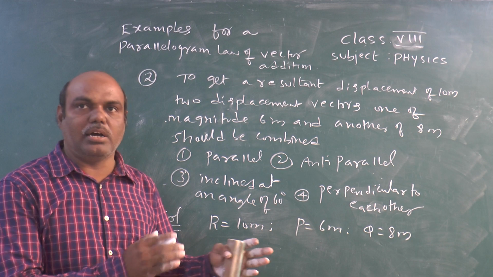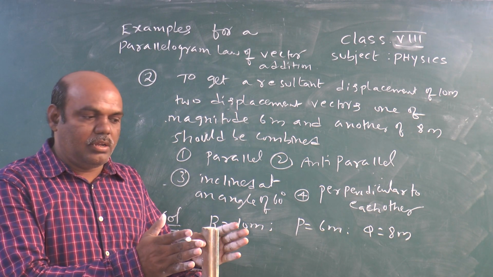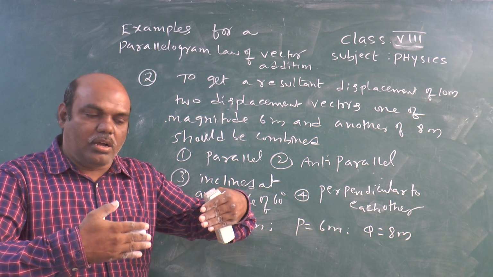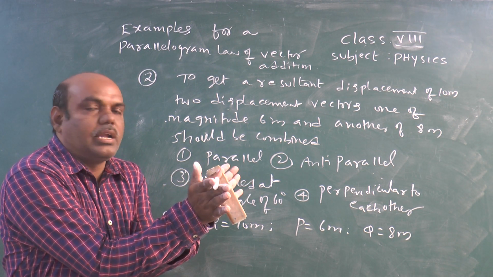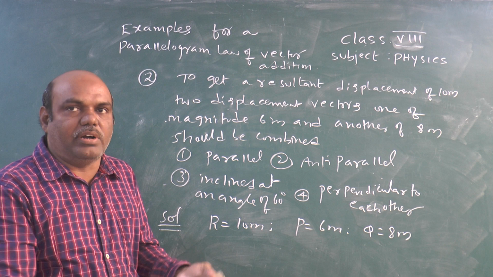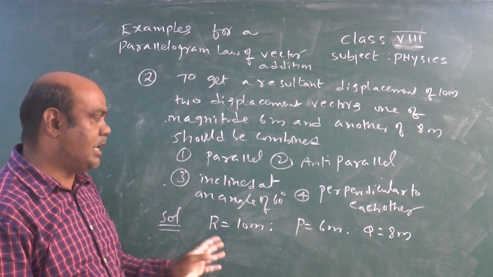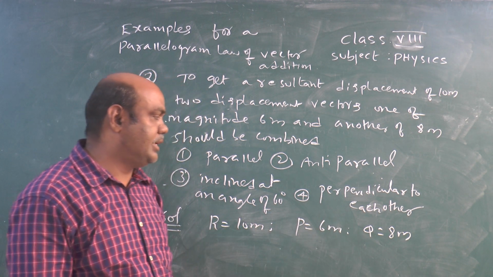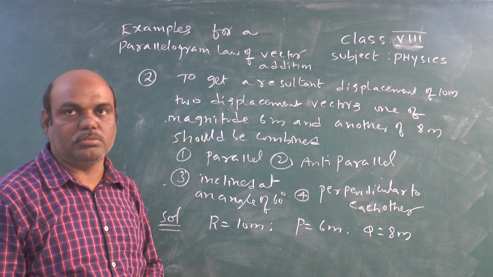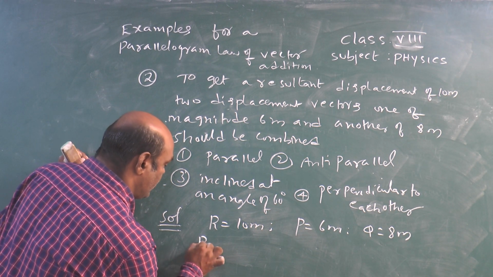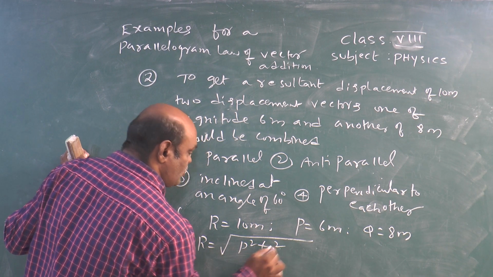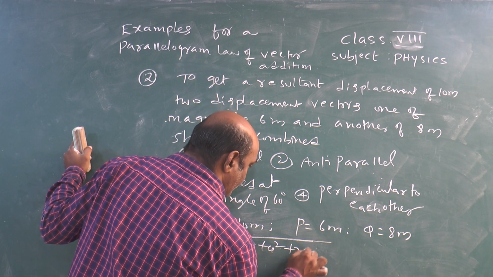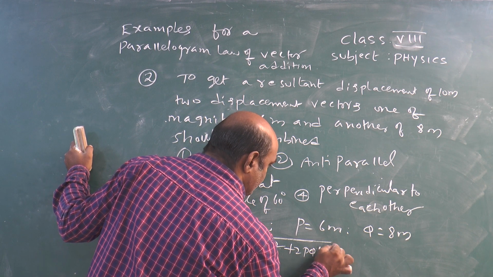That means how are they arranged: parallel, anti-parallel, inclined at 60 degrees, or perpendicular? We have to find the angle between the two vectors P and Q. What is the basic formula? R equals the square root of P square plus Q square plus 2PQ cos theta.